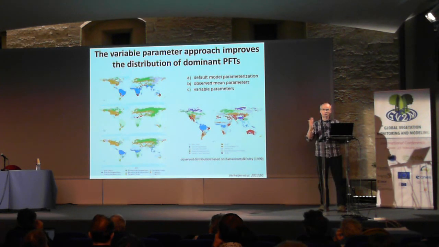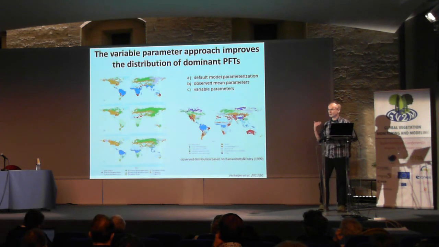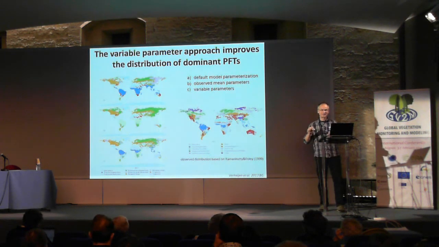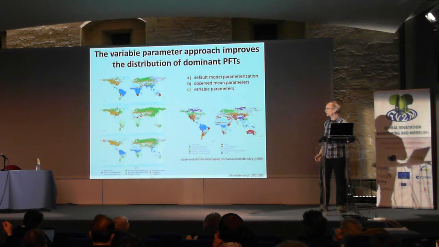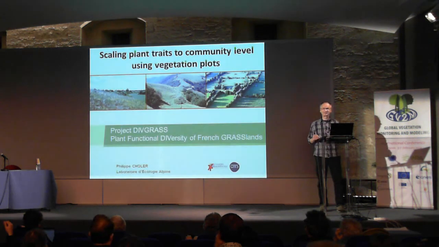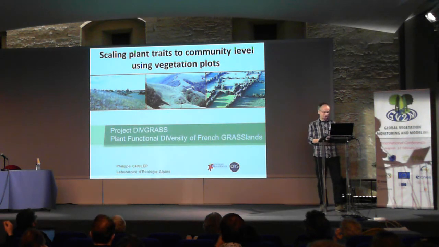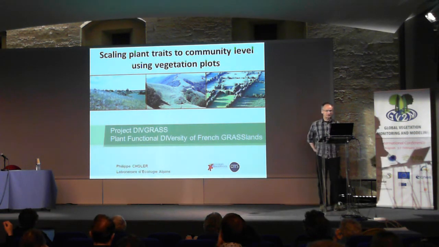And here you see the variable parameter approach, and for comparison an observed map. The improvement is not very obvious, but taking the variable parameter approach did not screw up the model completely, at least in this context. So that's why it's still a conceptual analysis. Other parts of the model we still work on a lot.